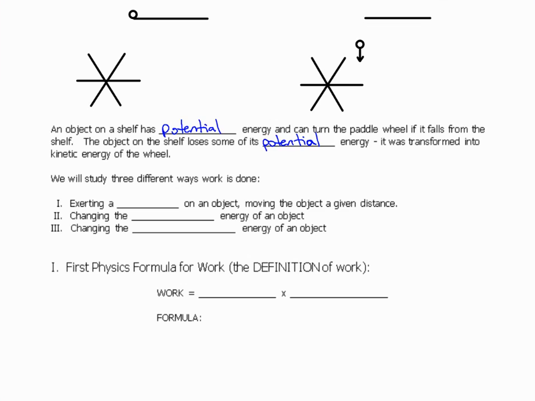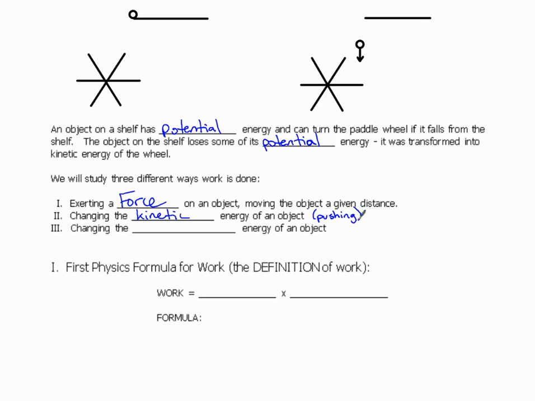So we can look at three different ways that work is done. One, exerting a force on an object, moving the object a certain distance. The second option, changing the kinetic energy of an object. For instance, this might be pushing an object.